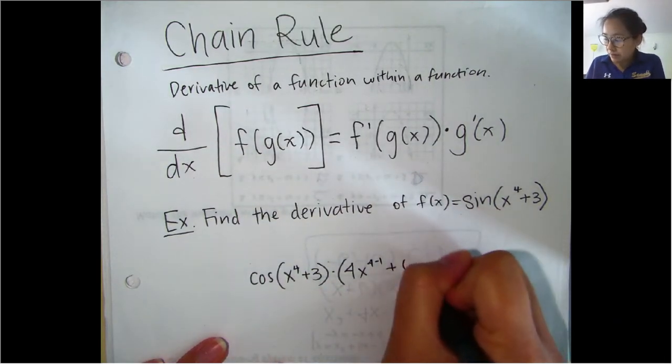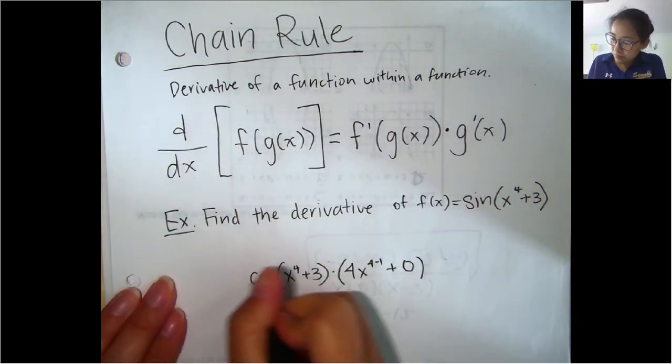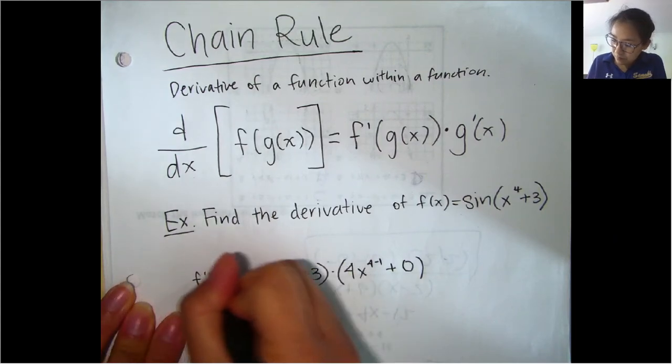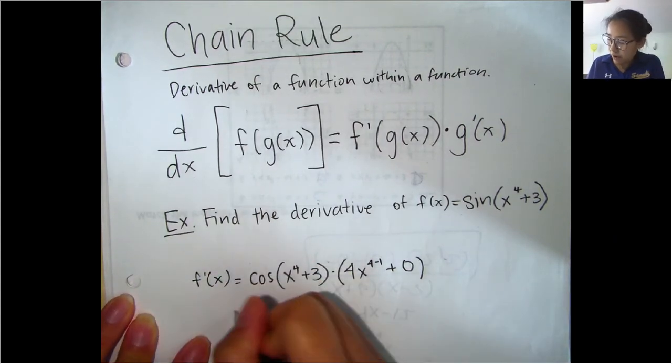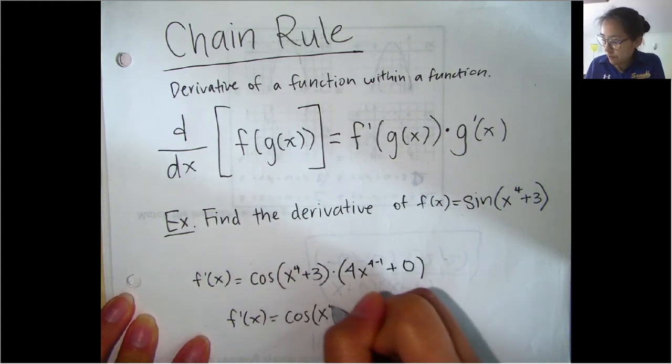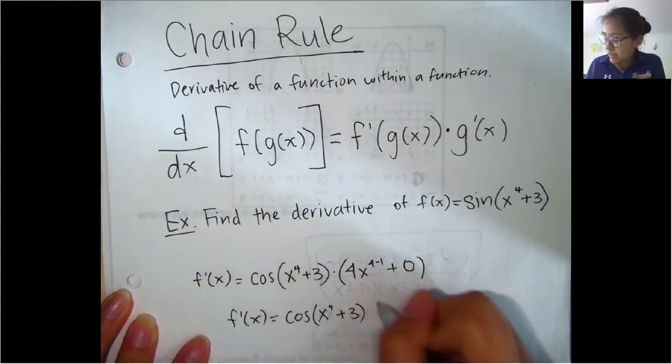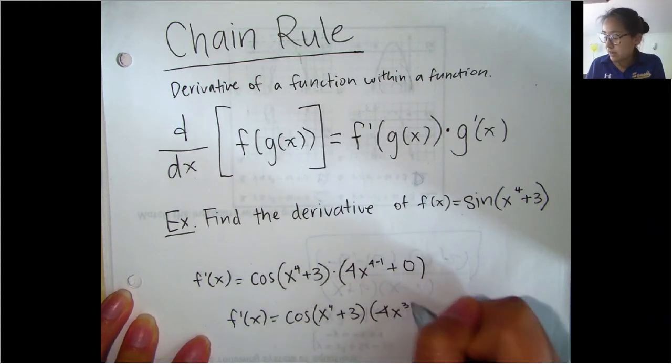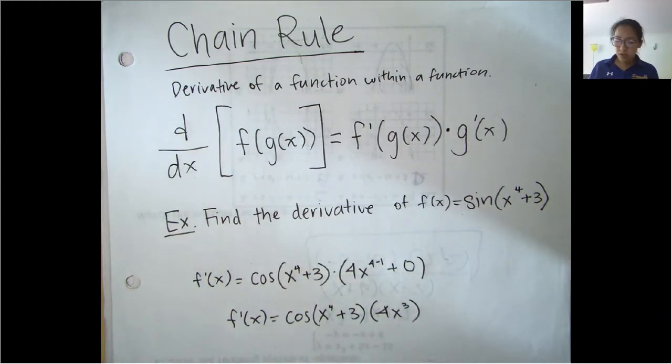Well, that would be 0. Okay, and so then f prime of x equals cosine of x to the fourth plus 3, and then times 4x cubed.